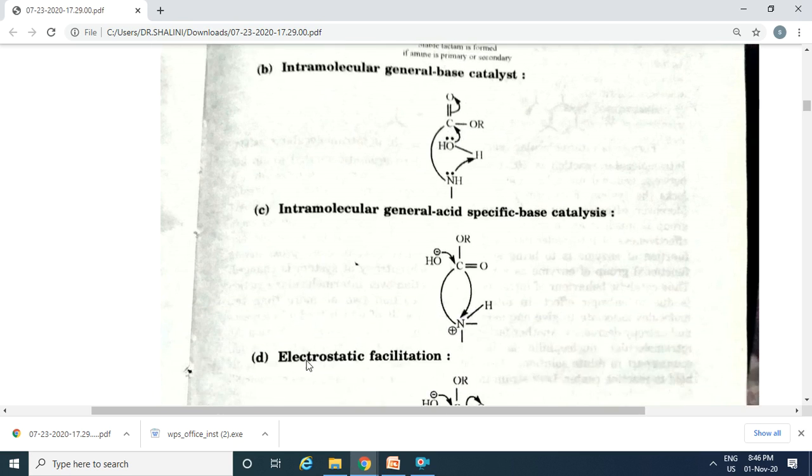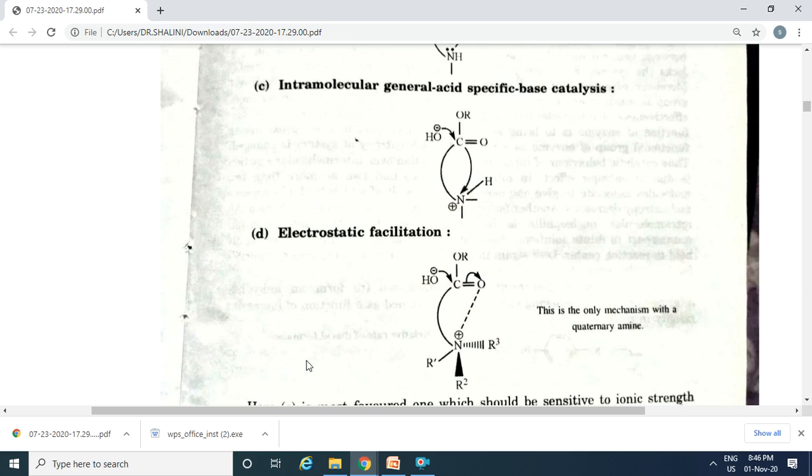In the intramolecular general acid specific base catalysis, what happens? The N positive ion which is attached to the carbonyl group of the ester is attacked by the basic hydroxyl group. Then this carbonyl carbon gives the electron to the positive nitrogen.